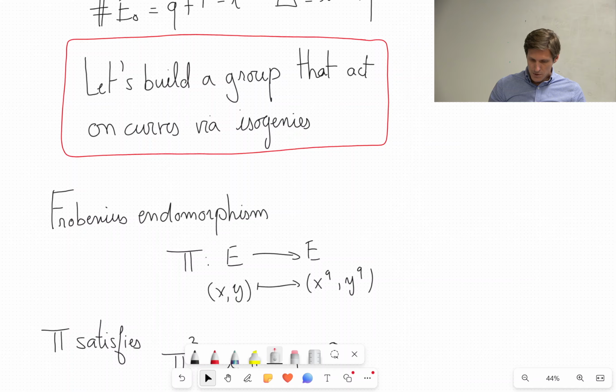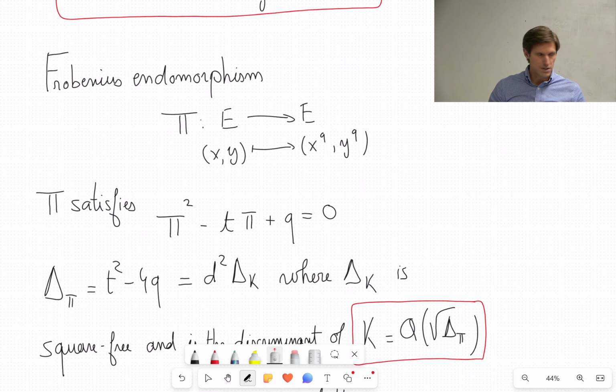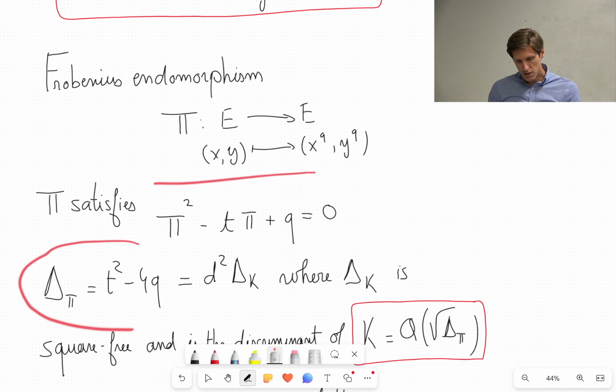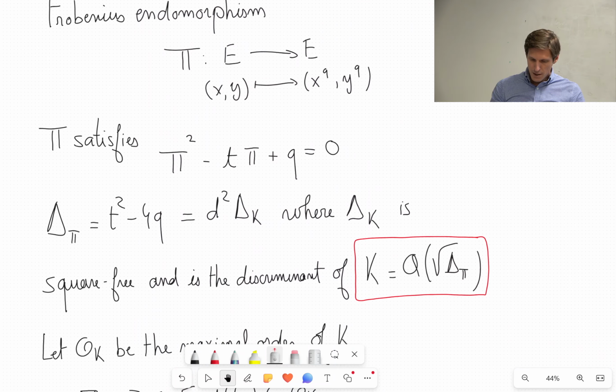Something that was mentioned by Wissam is that you always have the Frobenius endomorphism lying around in the endomorphism ring of your curve. You can associate a minimal polynomial to that endomorphism, and that minimal polynomial is going to define a quadratic field.